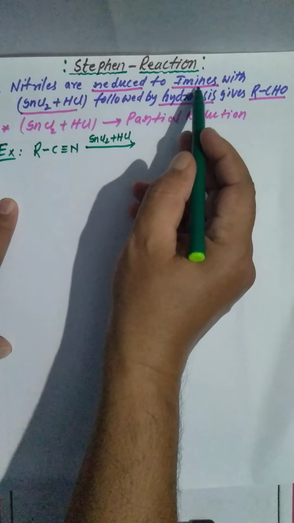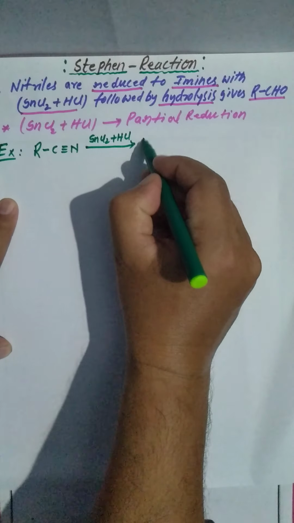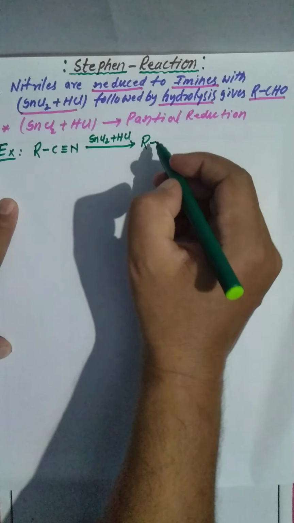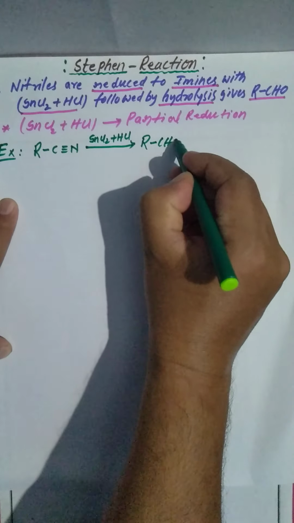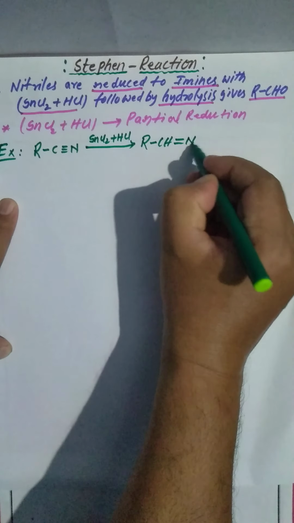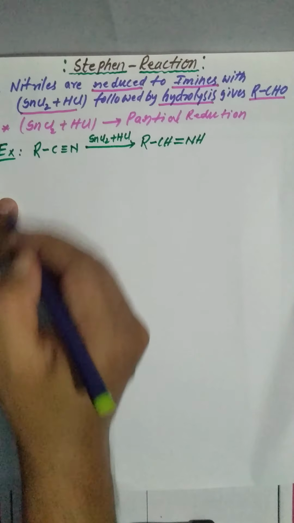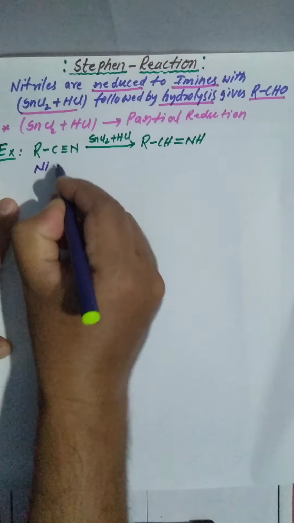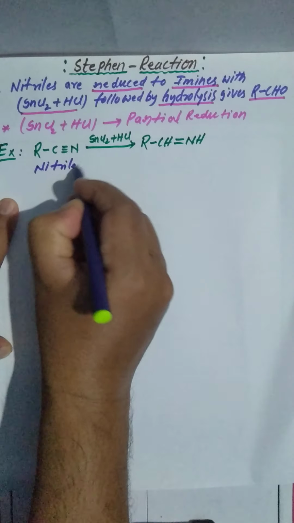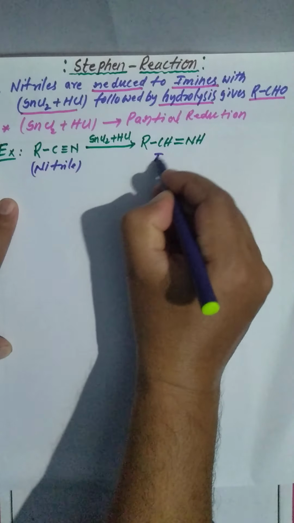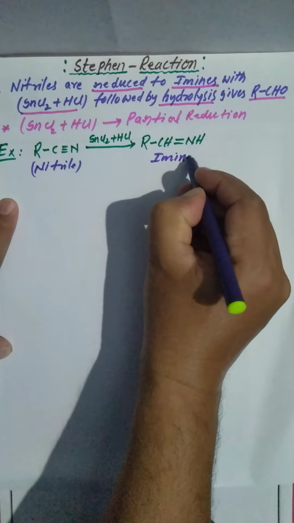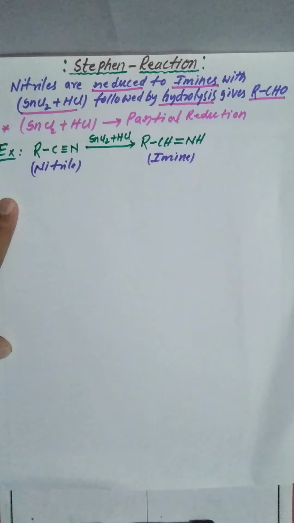So these are reduced to imine. So what you are getting? Imine you are getting, CH double bond NH. So this is nitrile reduced to imine, or imine also you can say, no problem.